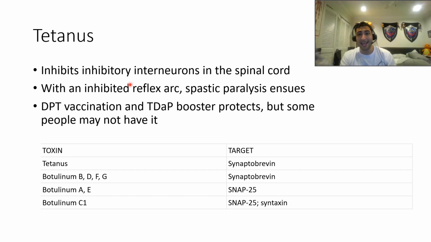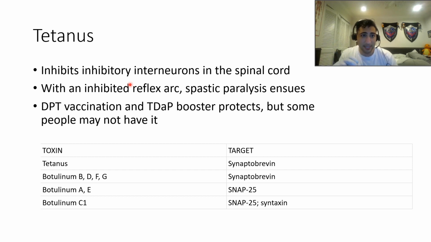All right. In tetanus, it's targeting the spinal cord. So there are inhibitory interneurons. Normally your spinal cord inhibits your muscles and keeps them relaxed. So you get inhibitory signals by default from the spinal cord, which keeps your muscles relaxed and not spastic. If you inhibit those inhibitory interneurons, it's like a negative of a negative is a positive.